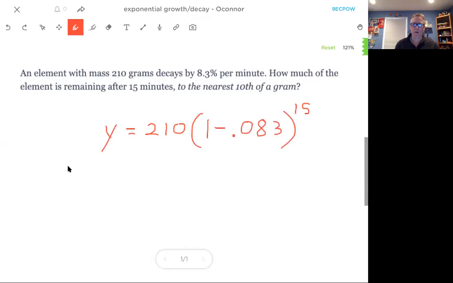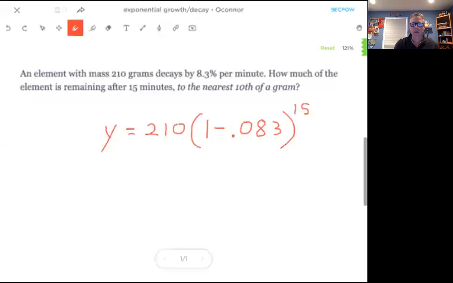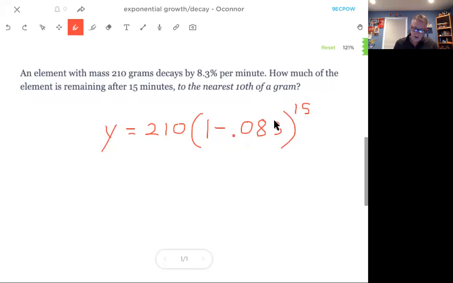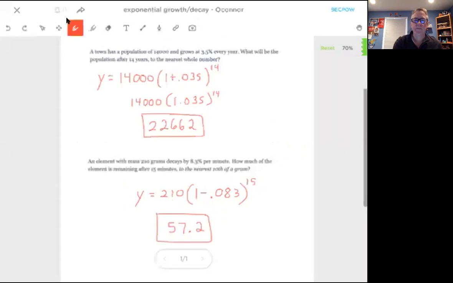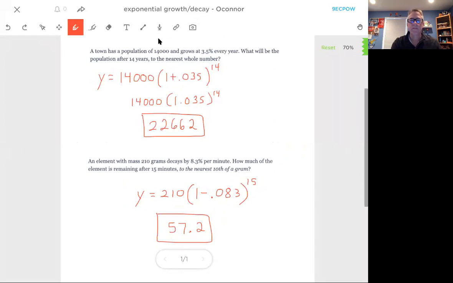So that would be our formula. And if you plug that into your calculator, it says how much is left to the nearest 10th of a gram. So that comes out to be 57.2479. So we would just say 57.2, and that would be our final answer. All right, any questions on that?